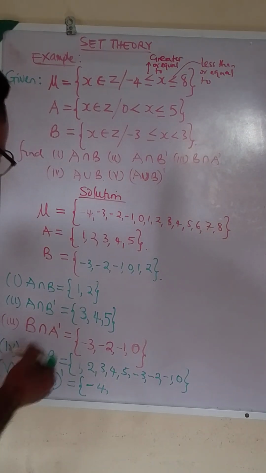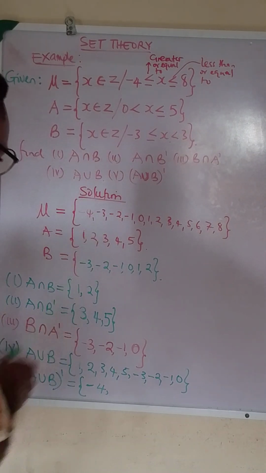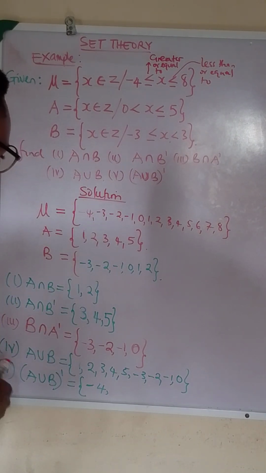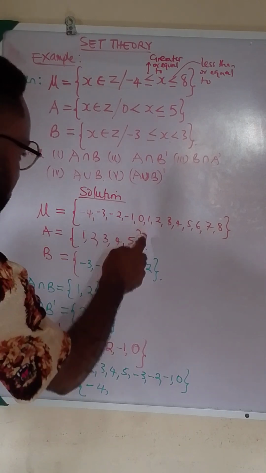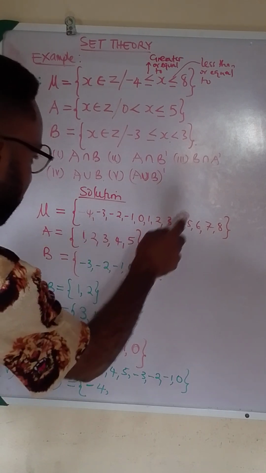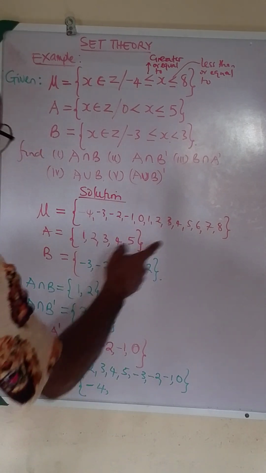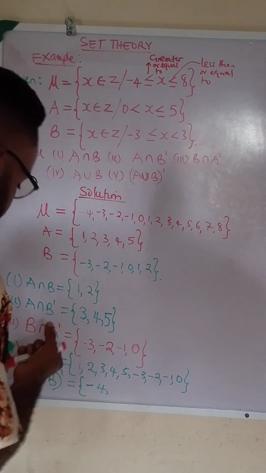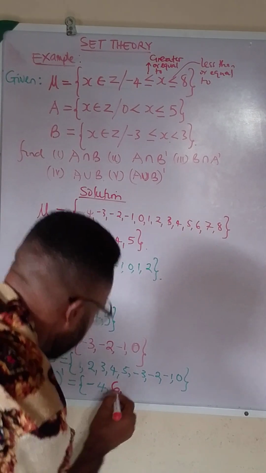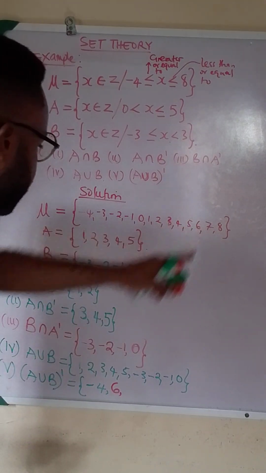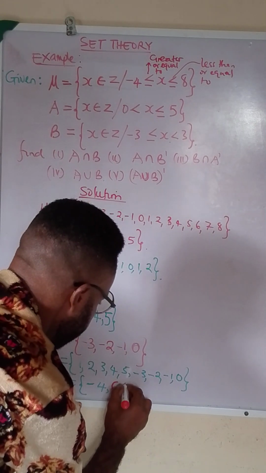What else? -3, we have it in B, so we are not going to consider it. -2, we have it in B, we are not going to consider it. -1, we have it in B, we are not going to consider it. 1, 2, 3, 4, 5, we have them in A, we are not going to consider them. 6, there is no 6 in A, there is no 6 in B, so we take 6. And then 7, there is no 7 in A, there is no 7 in B, so we take 7.